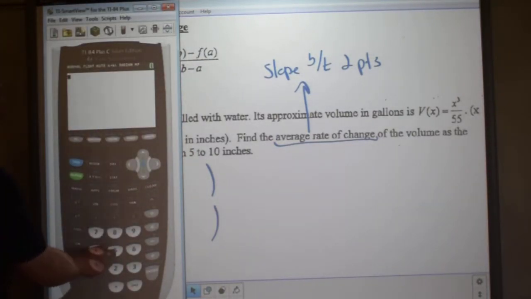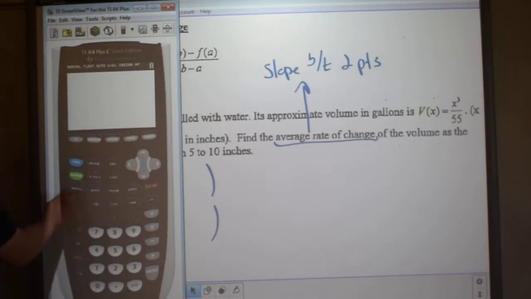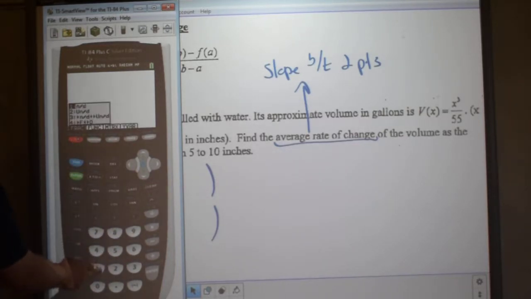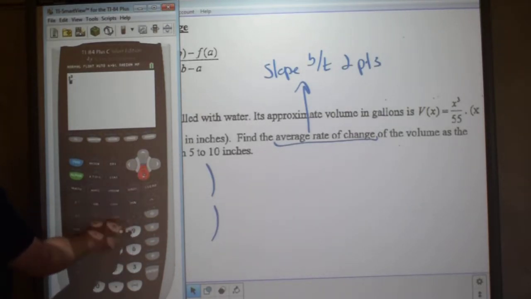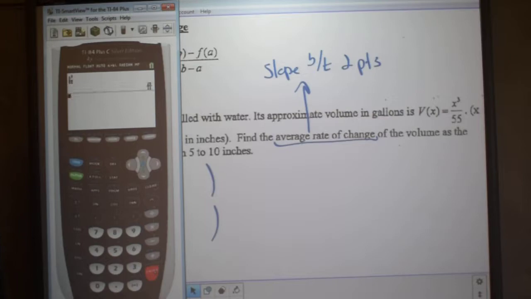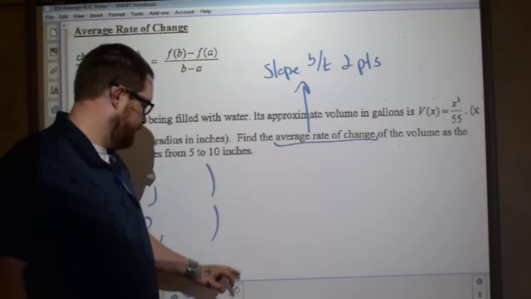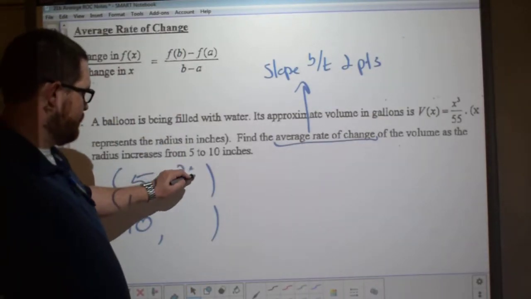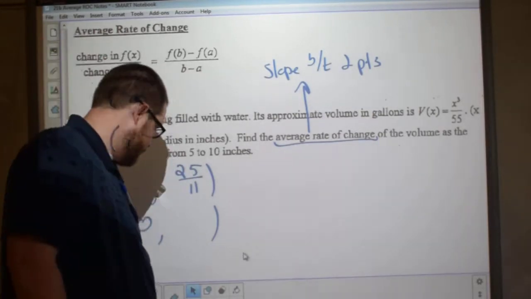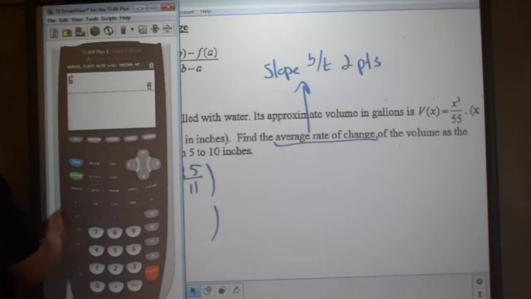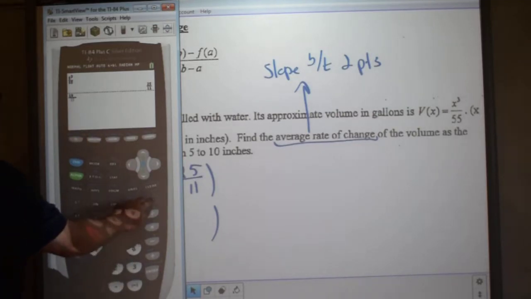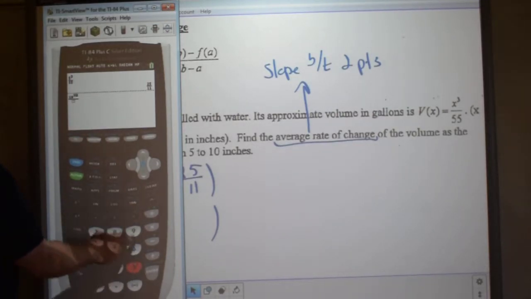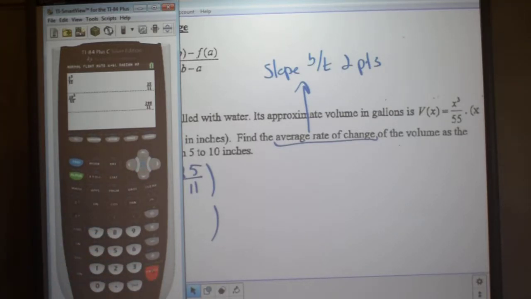I'm going to say it's 5, actually let's do it as a fraction: 1 times 5 to the third over 55, which is 25 over 11. Now let's do the same thing with 10: 1 times 10 to the third, which we really know is 1,000, but that's okay, over 55. That is 200 over 11.